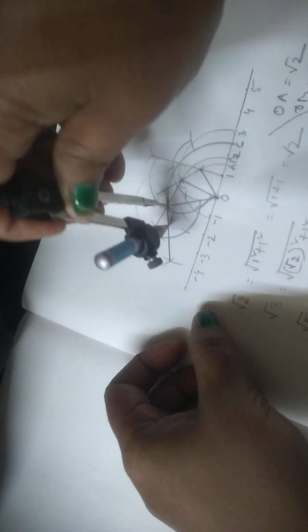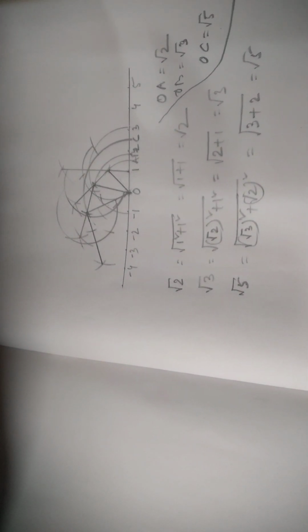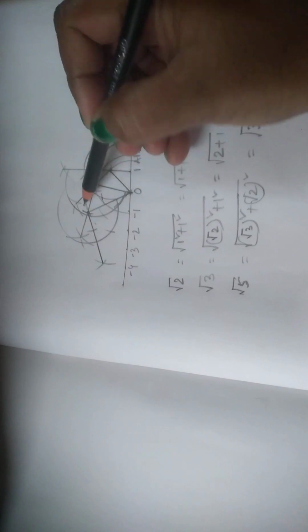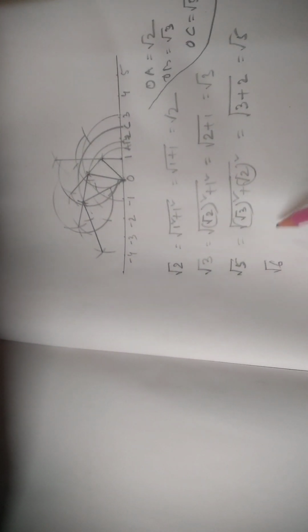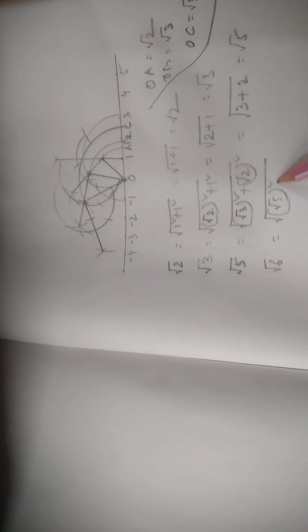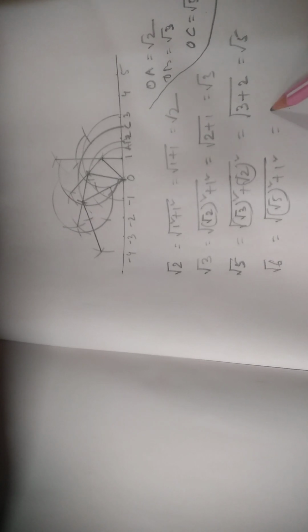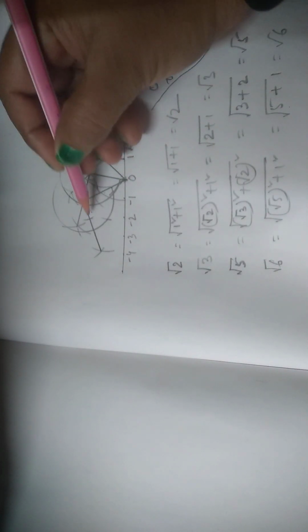Take the measure of 1 centimeter and cut on this line. This is root 5 and this is 1. So how can we write root 6? Root 6 we can write as root over root 5 square plus 1 square. Root 5 square is 5, 1 square is 1, so it comes root 6. So up to that this is 1 and this is root 5.